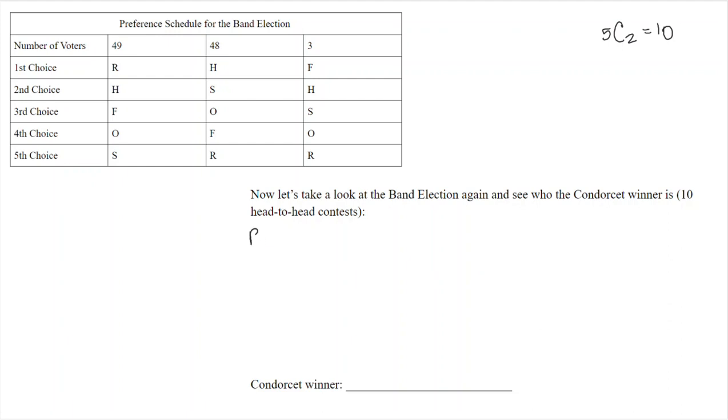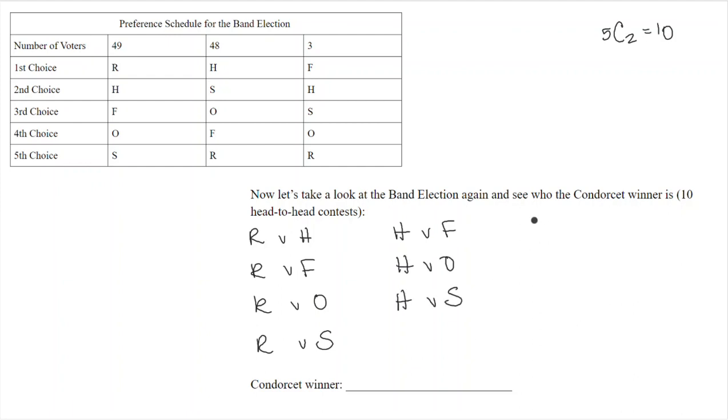So I have Rose Bowl versus Hula Bowl, Rose Bowl versus Fiesta, Rose versus Orange, Rose versus Sugar. I have Hula versus Fiesta, Hula versus Orange, Hula versus Sugar, Fiesta versus Orange, Fiesta versus Sugar, and Orange versus Sugar. So those are my 10 head-to-head matchups.